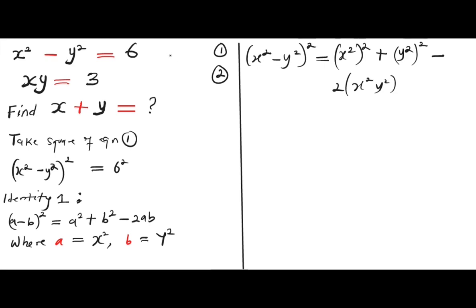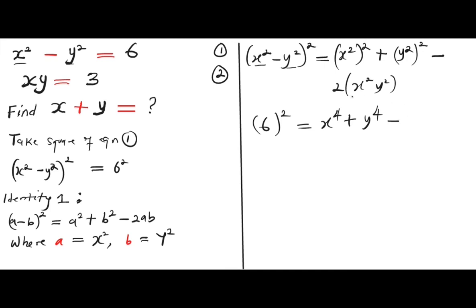But from equation 1, x squared minus y squared equals 6. So we have 6 raised to the power of 2 equals (x squared) raised to the power of 2. We can multiply this index, okay? So we have x raised to the power of 4 plus (y squared) raised to the power of 2. We can multiply the index, and we have y raised to the power of 4, okay?